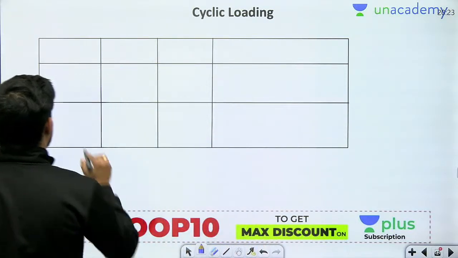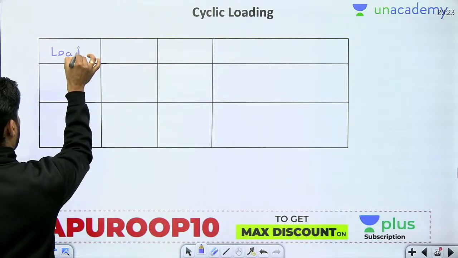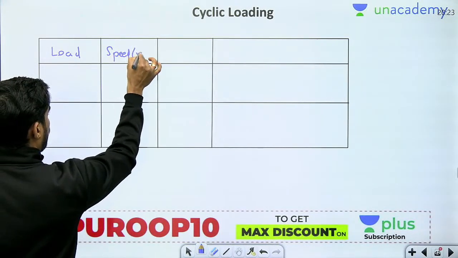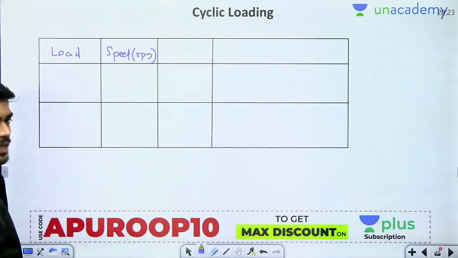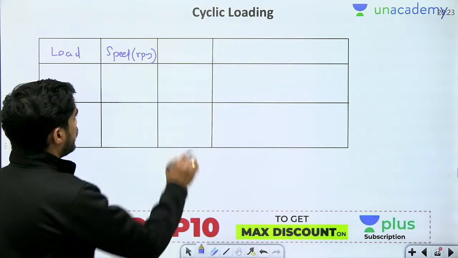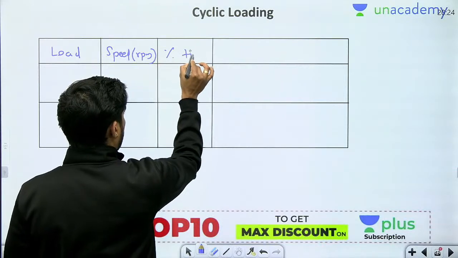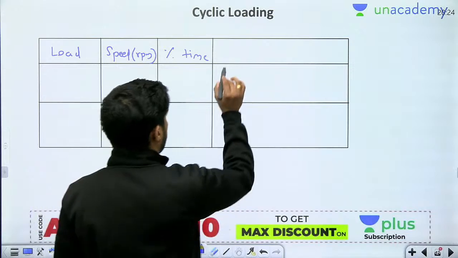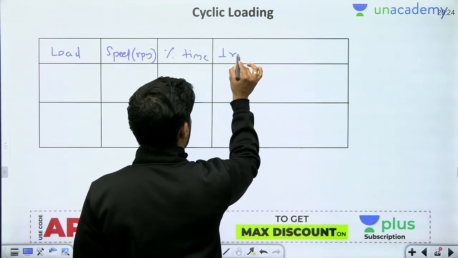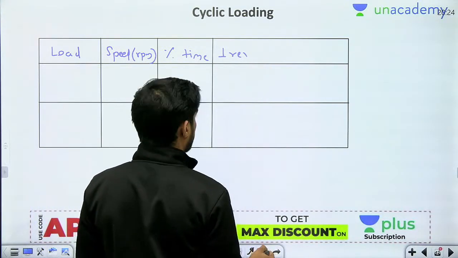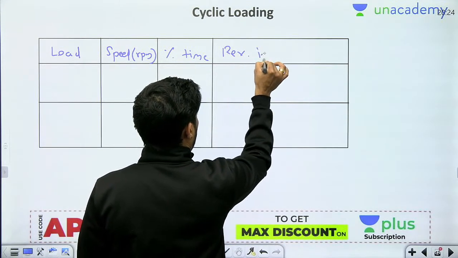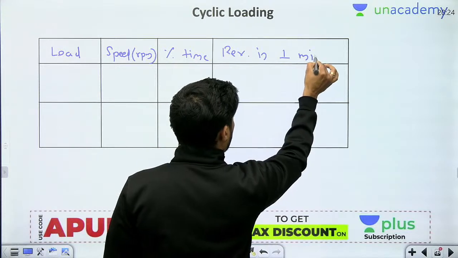So let's say this is the load. This is the speed, let's say in RPM. This is the percentage time for which the load is acting. And let's say this is revolutions in 1 minute.